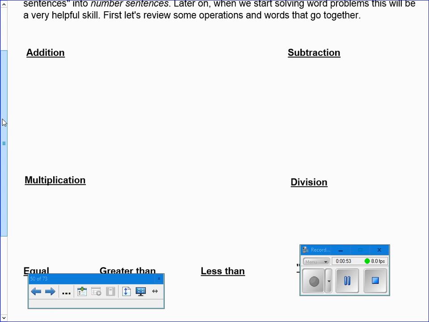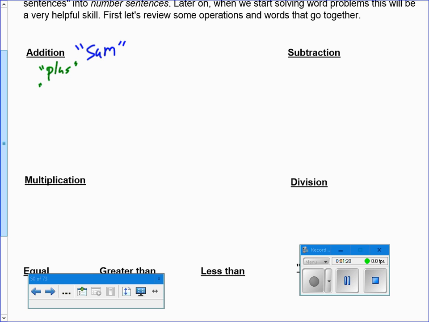So I'll start with addition. So we add two numbers. The technical math term for adding numbers is a sum. However, there are some other terms that we often associate with addition. You say it out loud, a lot of times you'll say plus.